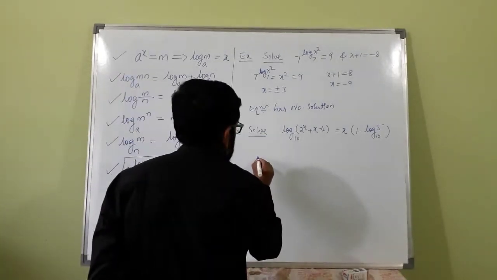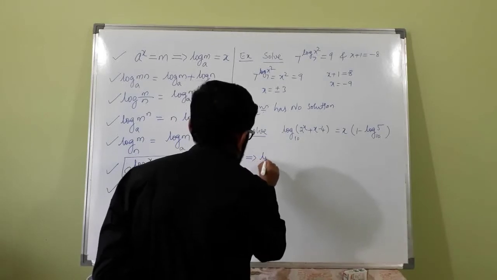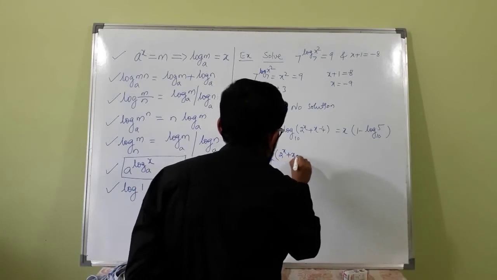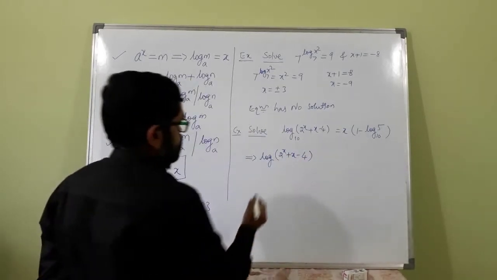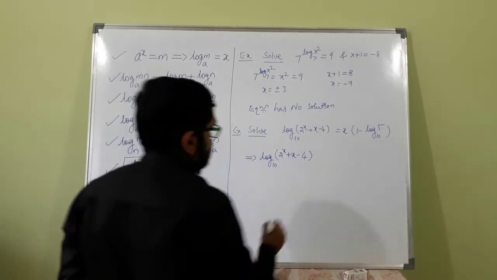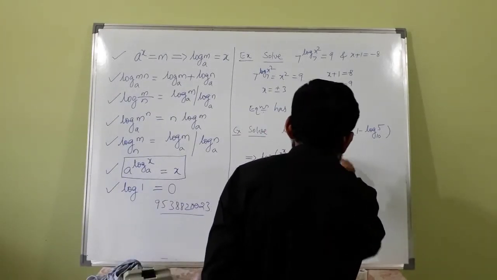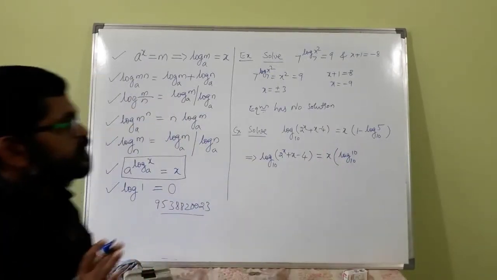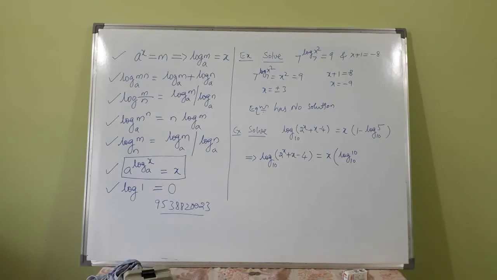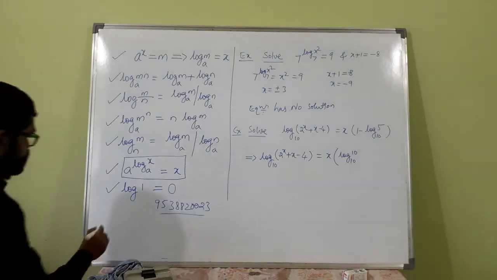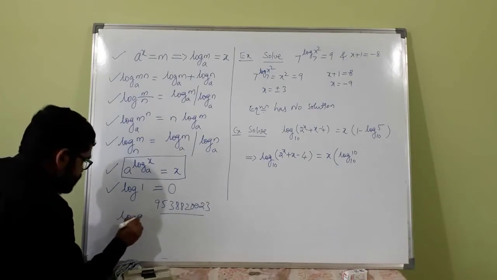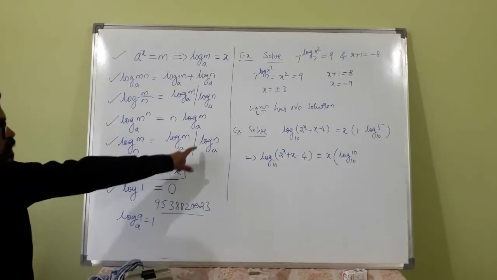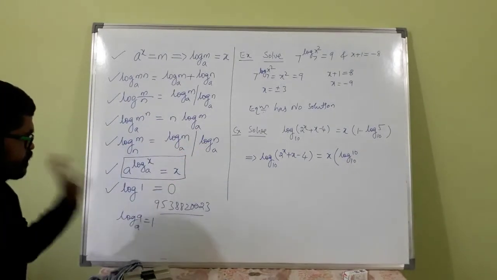See, that implies log of 2 to the power x plus x minus 4 to the base 10 is equal to x into log 10 to the base 10. I expressed 1 as log of a to the base a is equal to 1. Log m by log n, so log a by log a is 1.